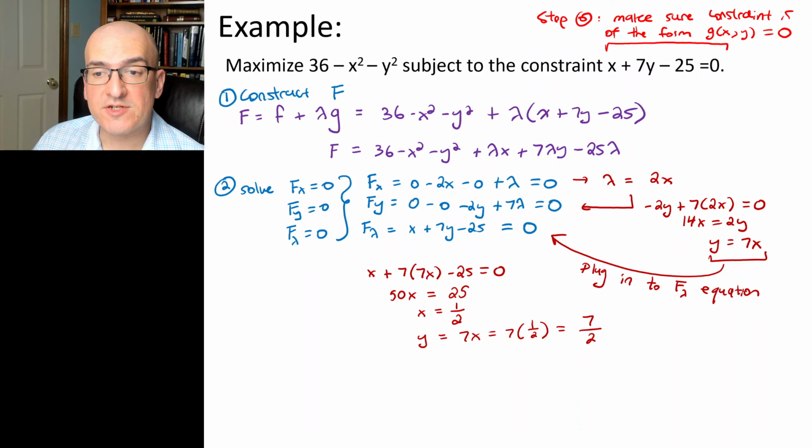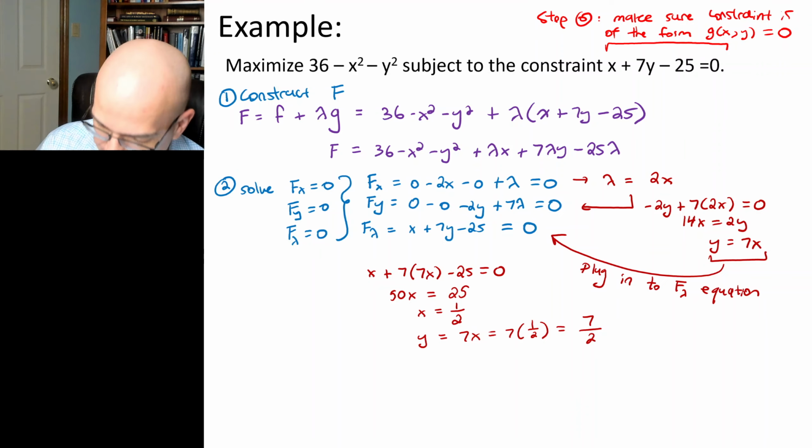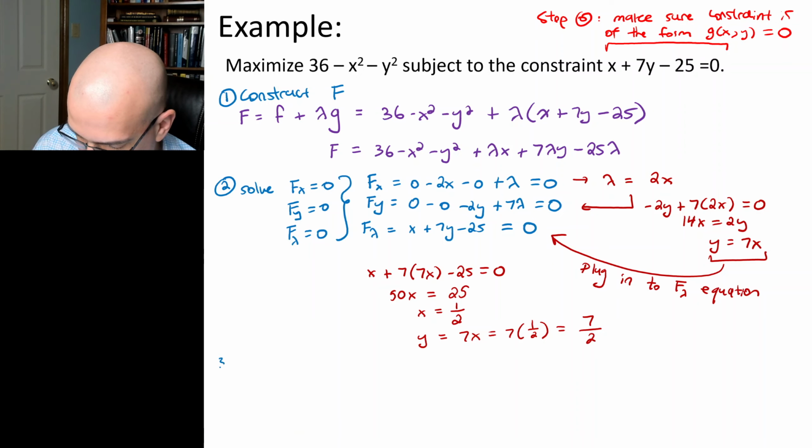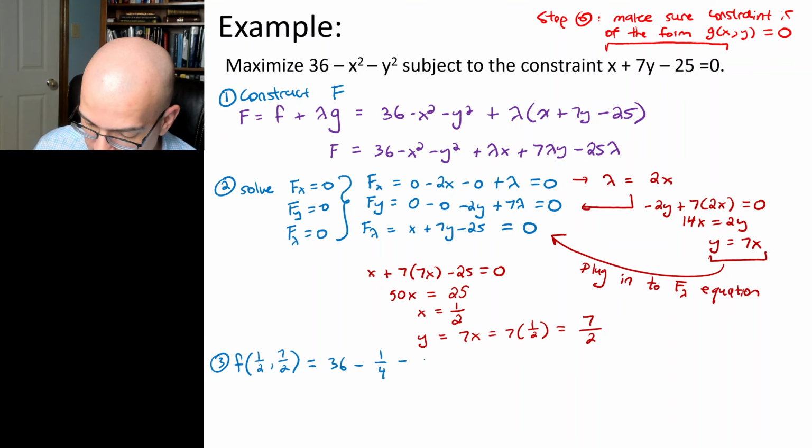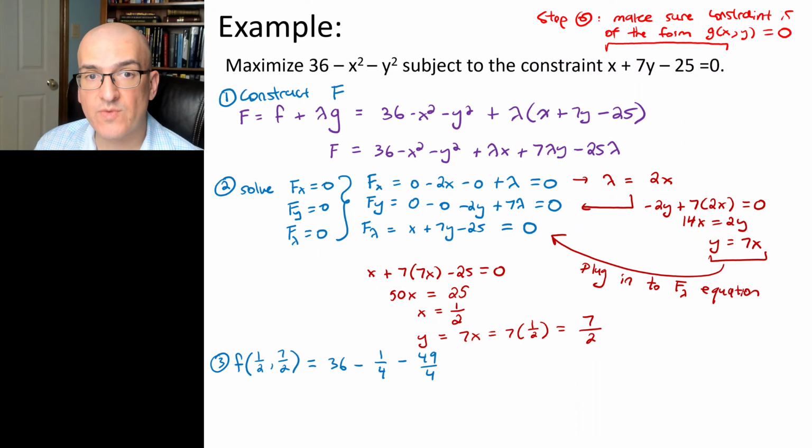Now we can check the value of the function at this point. And this is the objective function, not the Lagrange function. The objective function, little f, at 1/2, comma 7/2 is equal to 36 minus 1/4 minus 49/4. Just squaring those pieces. The square of a fraction is the top squared over the bottom squared. Let's see, make common denominators.